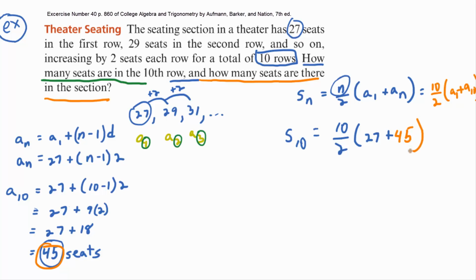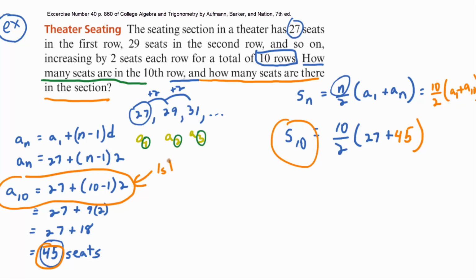You'd have to go back and use the explicit formula, maybe create the explicit formula, and find A10 that way. Does that make sense? So we already did it here. If we hadn't done this work and it only asked you to find this, you'd have to do this first, right?